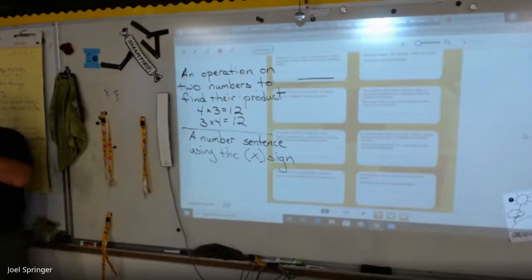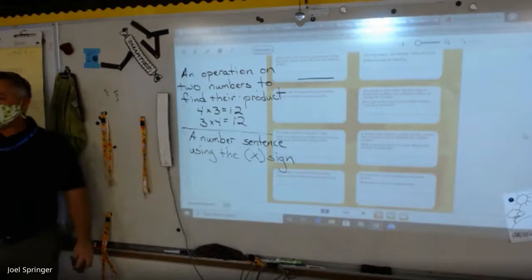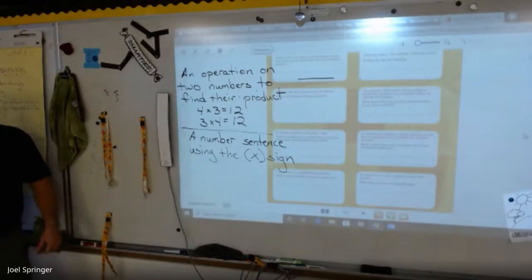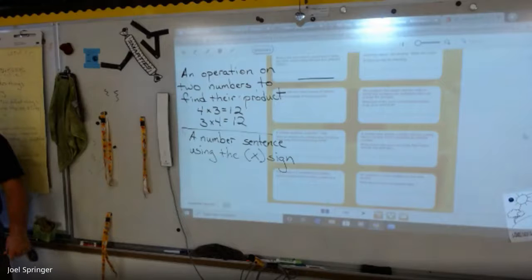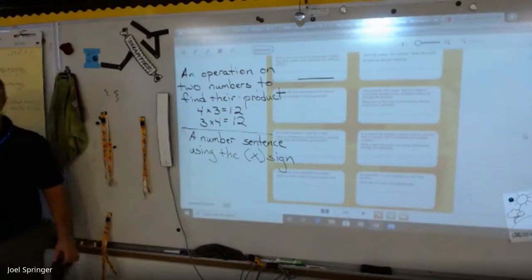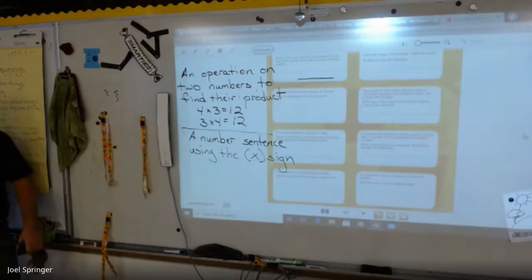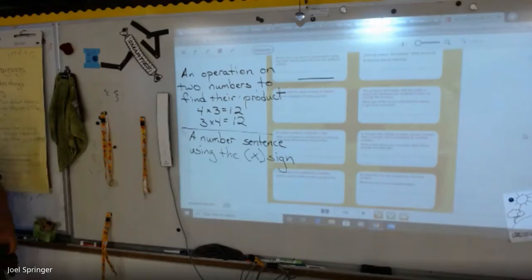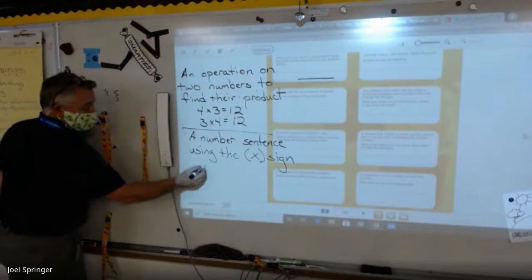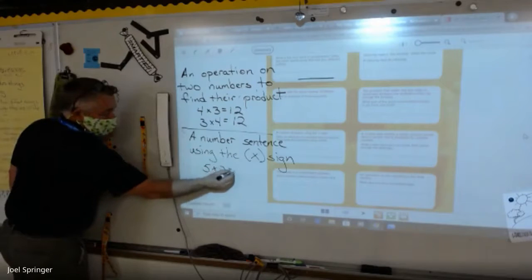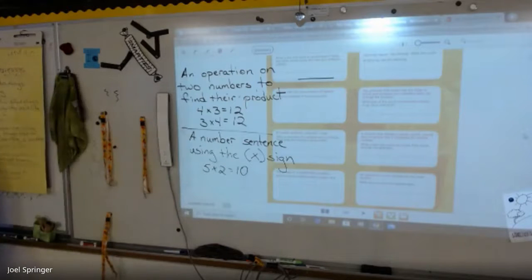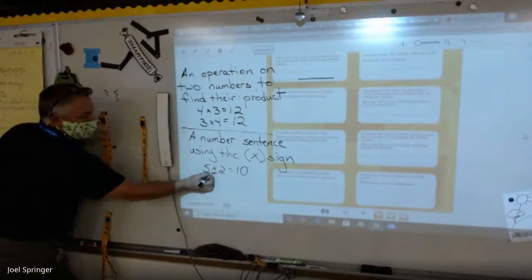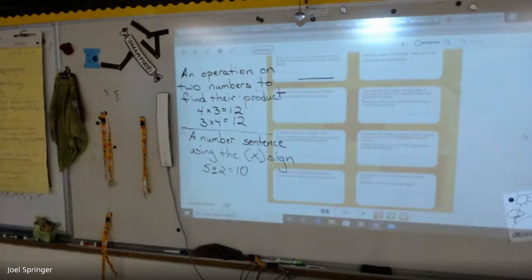Normally we would do this as we did lessons, but remember we were gone on quarantine. We're catching up. Then go ahead and just write any multiplication sentence that you want. Or write that one. 5 times 2 equals 10. That's an example of a multiplication sentence. You can do whatever you want, as long as you have the right answer.